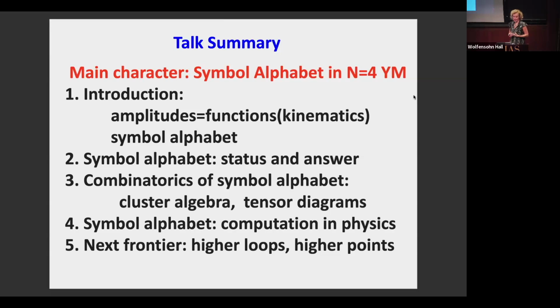And then the next frontier has been at higher loops, so trying to understand 6 and 7 point alphabet, and then higher points, important progress on the frontier of elliptics.